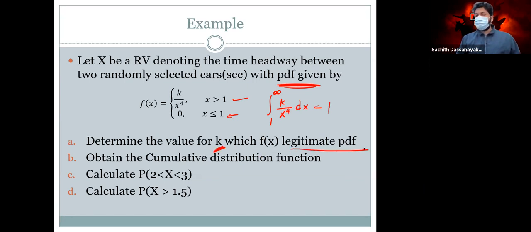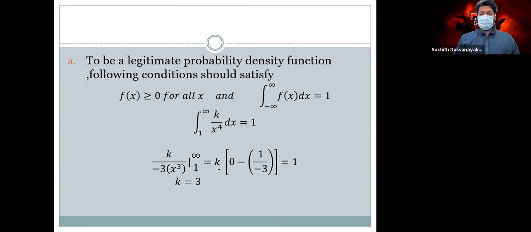If this is a legitimate PDF, we can find k. Then for the cumulative, we need to find the CDF, then find these two values. If it is a legitimate PDF, then it satisfies this one definitely, and this one. So we can use condition number 2 to find this. It goes from 1 to infinity.